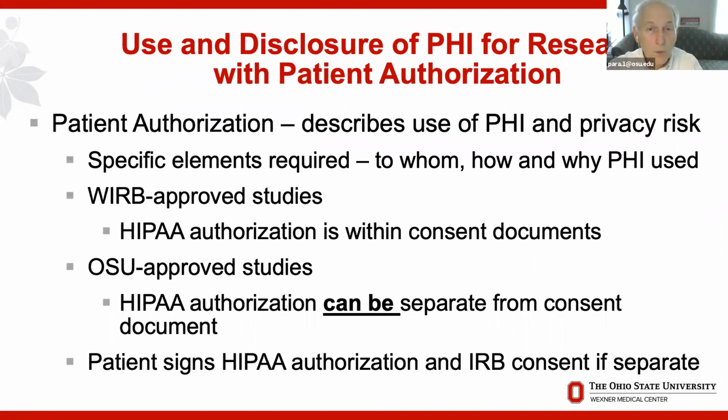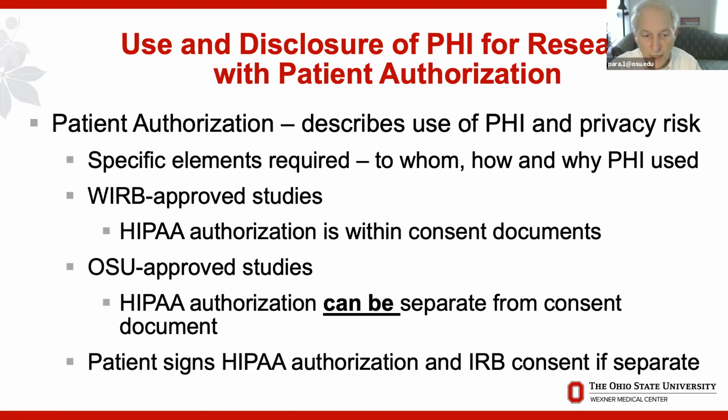Okay, so now we're going to talk about PHI with patient authorization. A patient authorization describes the use of PHI and any privacy risk. This is what the patient is signing. The specific elements: to whom you're releasing it, how you're releasing it, and why you're releasing it. So a patient signs this authorization. In WIRB approved studies, the HIPAA authorization is integrated with the consent.